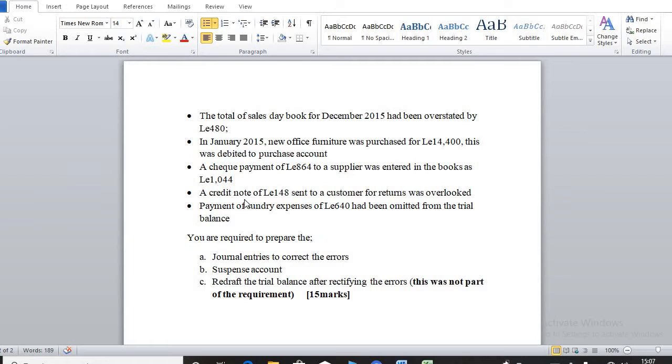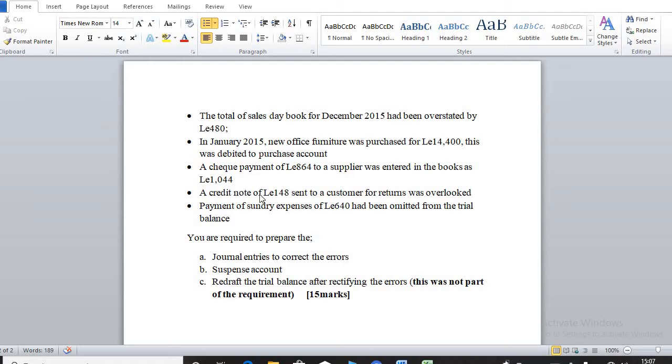And what is meant by credit note? A credit note is a note issued to a customer from a business, signifying that his account has been credited for returning goods to the business. So whenever a customer returns a product that we sold to him, for one or two reasons, the business has to issue a credit note to the customer, telling him that his account has been credited or reduced by the amount found on the note.